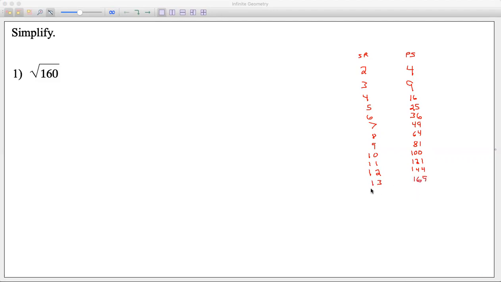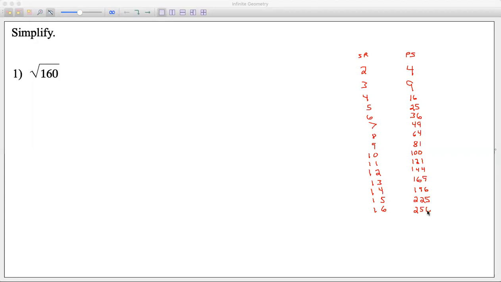And then there's that little pattern of the next one, 14 squared is just those numbers flip-flopped around, 196. 15 squared, 225. And then the last one that I said you need to have memorized, 256.